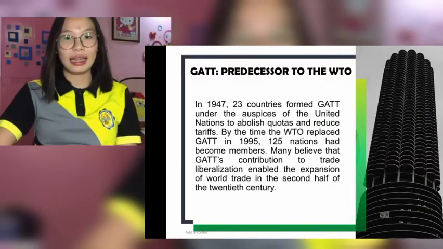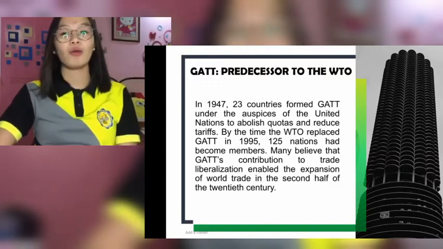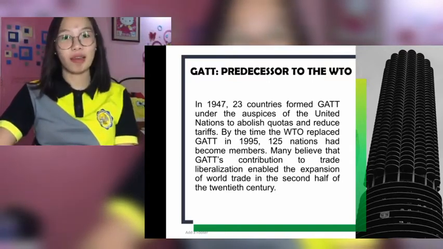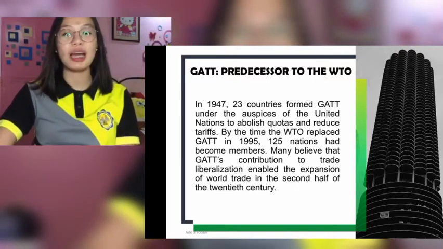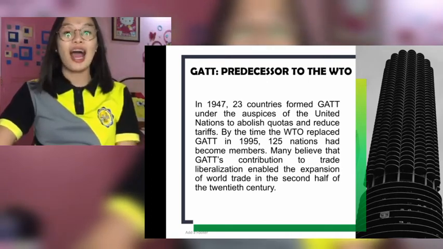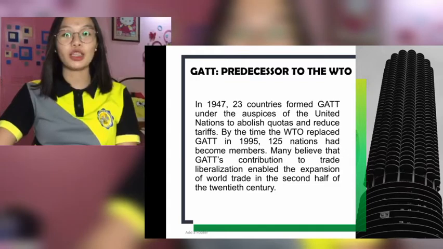Next is GATT, the predecessor to the WTO. In 1947, 23 countries formed GATT under the auspices of the United Nations to abolish quotas and reduce tariffs.